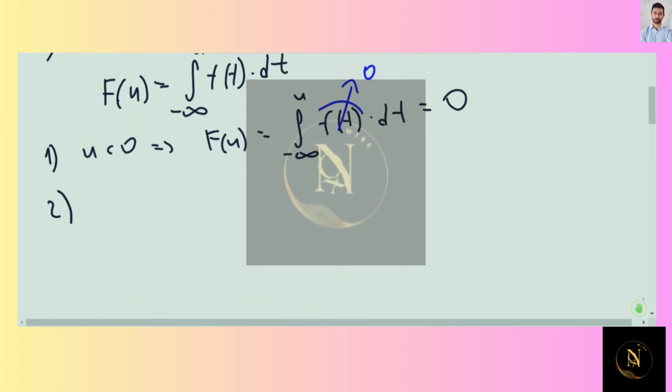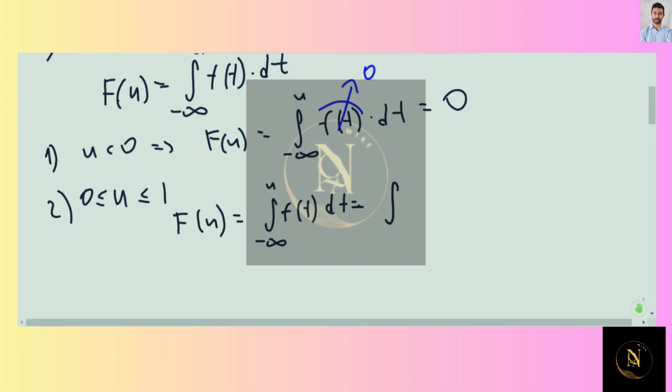In the second interval, u belongs from 0 to 1, including these numbers. Here, the cumulative distribution function will be calculated as follows. Again, the first part doesn't change, and now we can substitute this integral with the sum of two integrals.